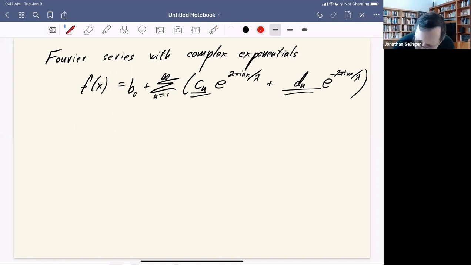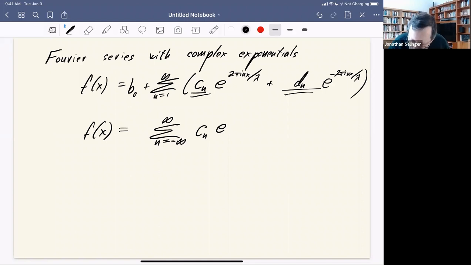Okay, so I'll write the sum as a sum over n equals negative infinity to infinity of something e to the 2 pi i n x over lambda.